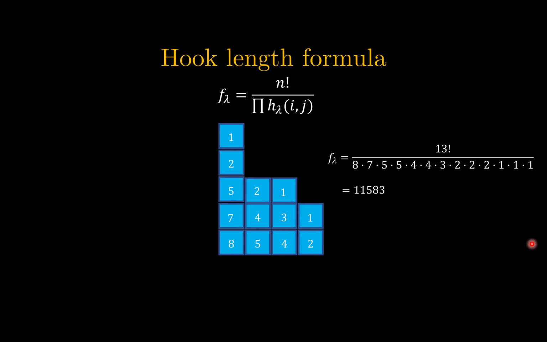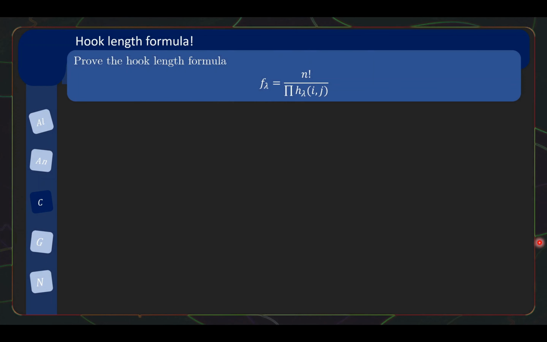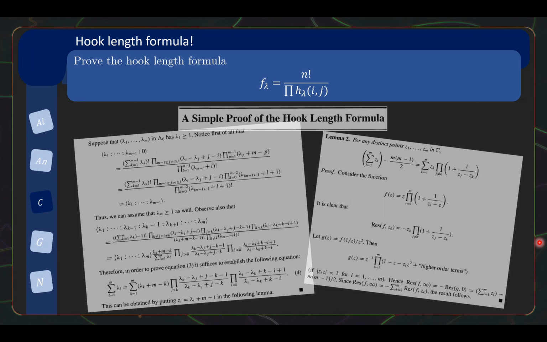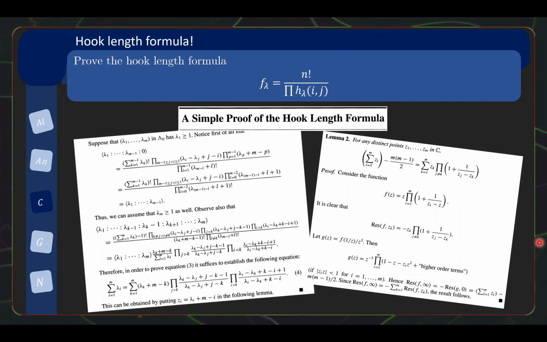A very surprising formula. And the goal of this video is to prove the hook length formula using a very interesting combinatorics and probability proof. Now, there are many proofs out there and they are all quite complicated.